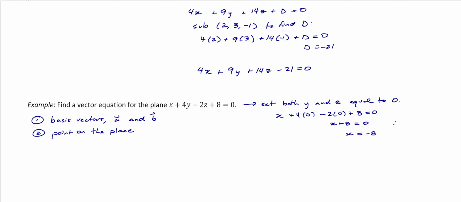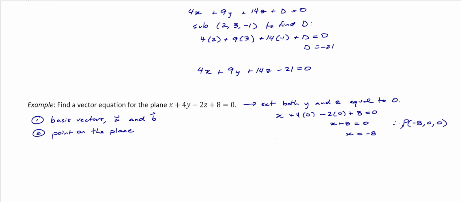So therefore, I have a point on the plane. Negative 8, 0, 0 is a point on the plane. Right? I'll call this one P. Okay. I'm going to do the exact same thing now to find a point for y and a point for z.